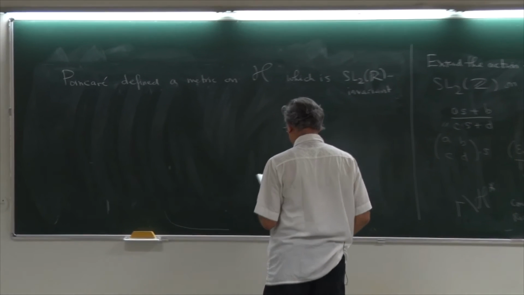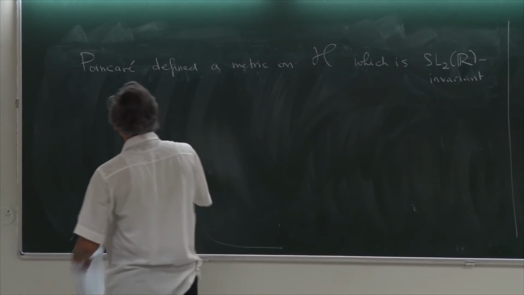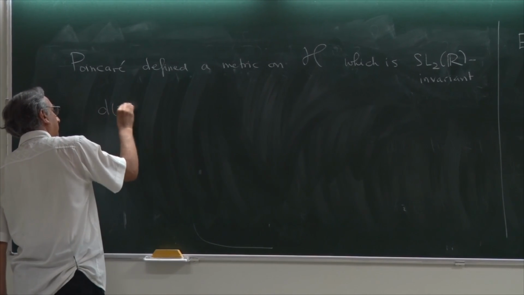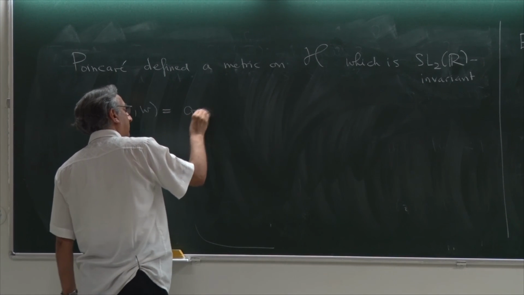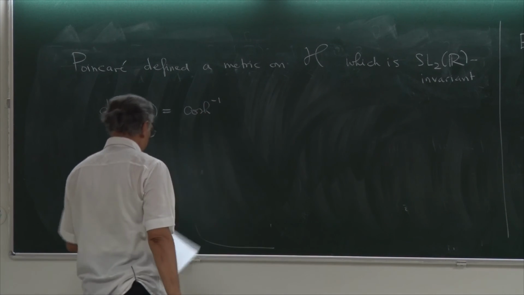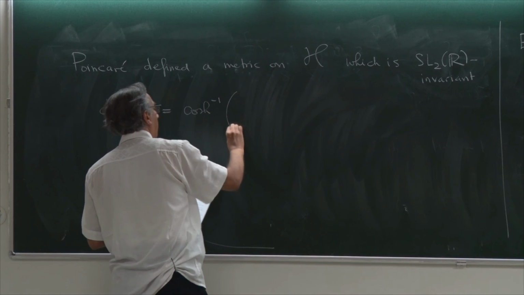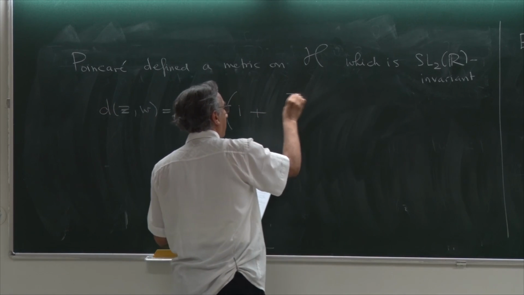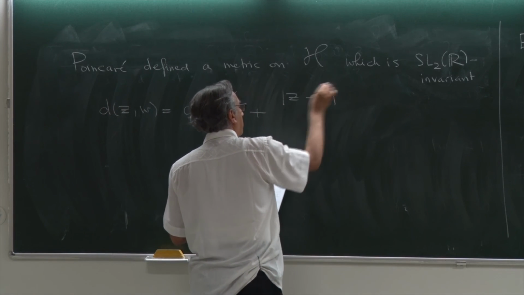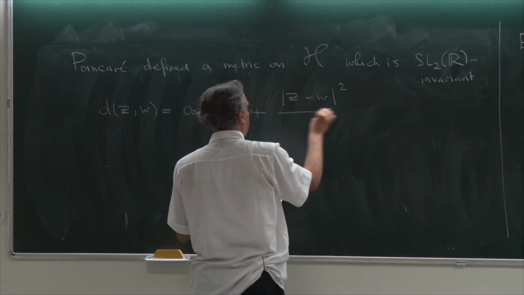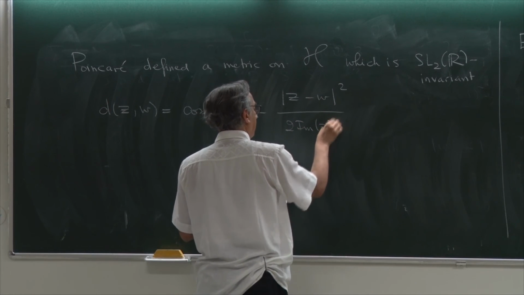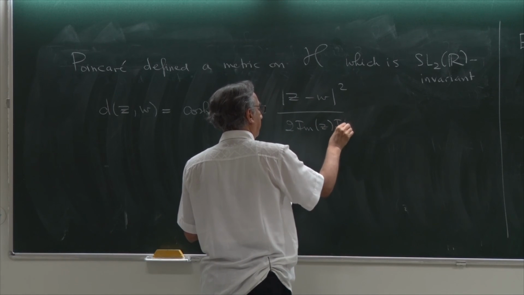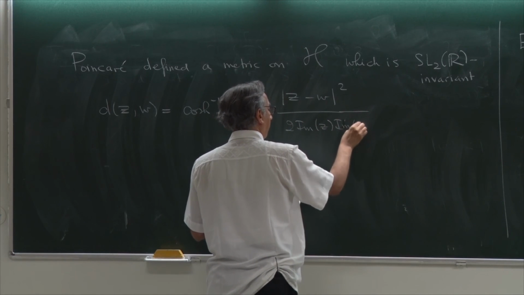And the definition is that the distance between two numbers, Z and W, is given by the inverse hyperbolic cosine of 1 plus |Z minus W| squared divided by 2 times the imaginary part of Z times the imaginary part of W.